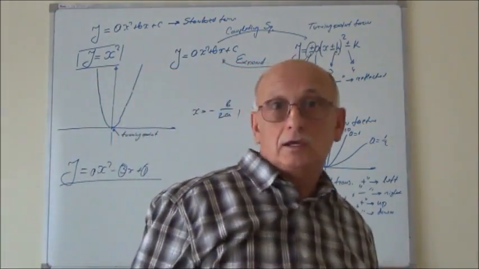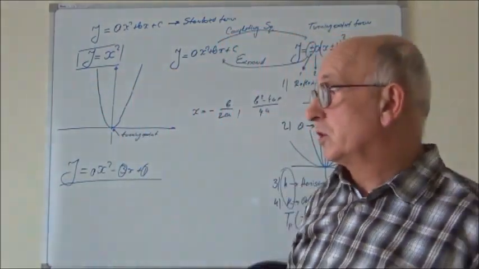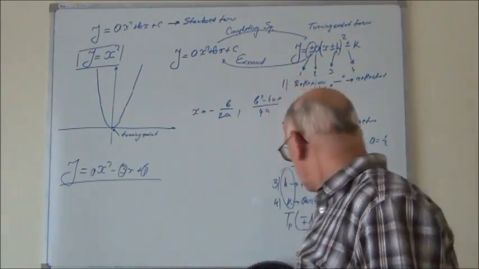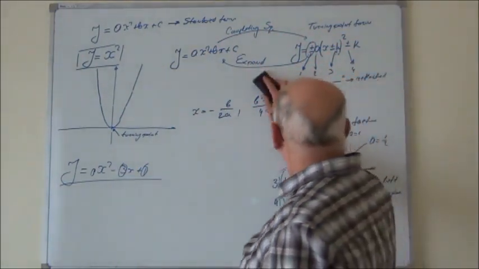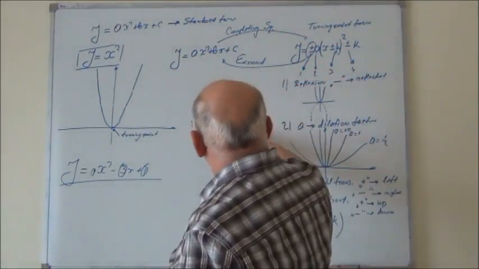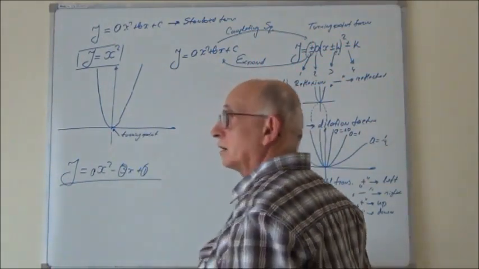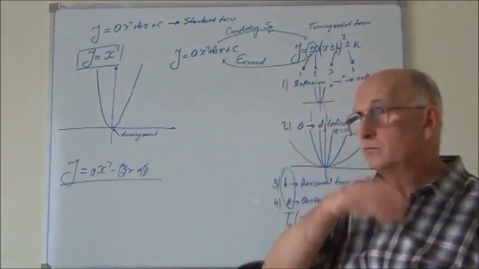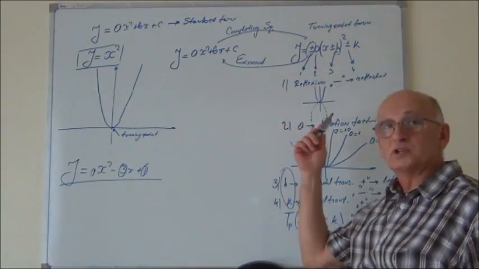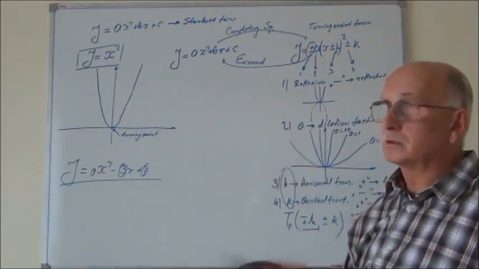I mean, it's okay, everything is fine. You can use those two formulas to sketch your parabola, but with me I would always go this way. Why is that?